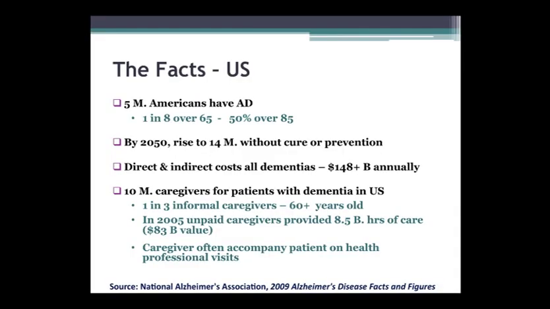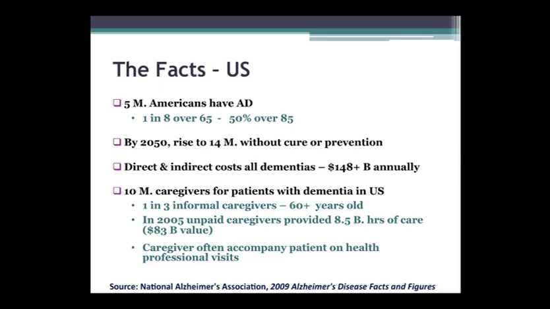To give you a couple of numbers so you can get a sense of what Alzheimer's disease is in the US and especially in Texas. Currently, according to the Alzheimer's Association, there are 5 million Americans with diagnosed Alzheimer's disease. When you look at prevalence in different age groups, however, it is even more relevant for the older population.